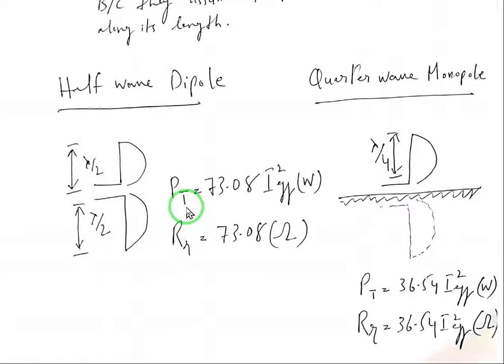The total power is derived as, and the end result is 73.08 I square effective, measured in watts, and the radiation resistance is equal to 73.08, which is measured in ohms. The quarter wave monopole is defined in the diagram that I've told you, or it is being considered as in the ground or above the ground.